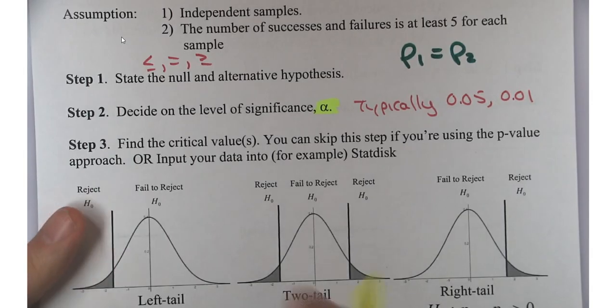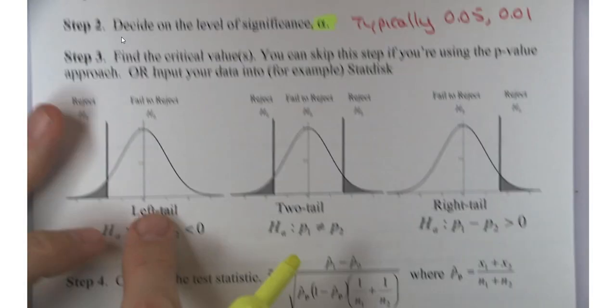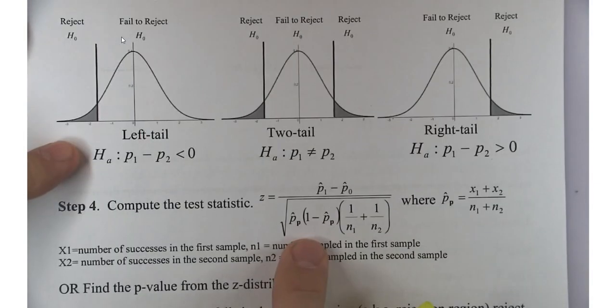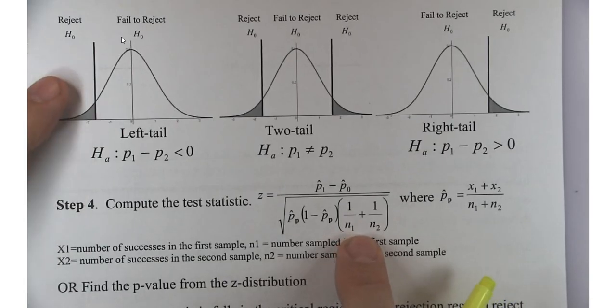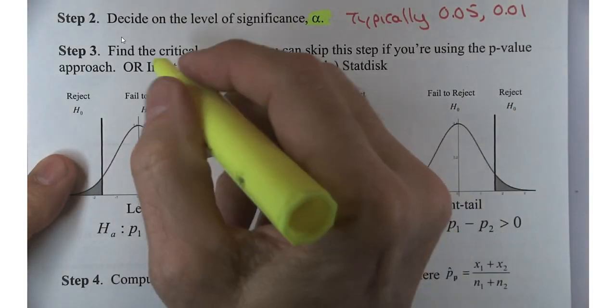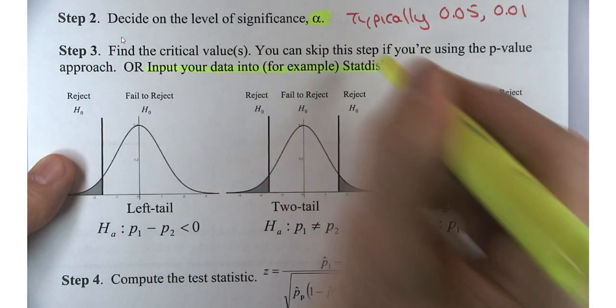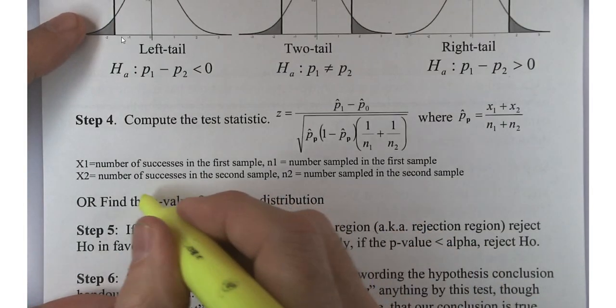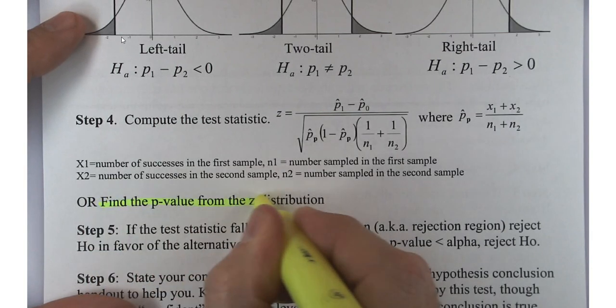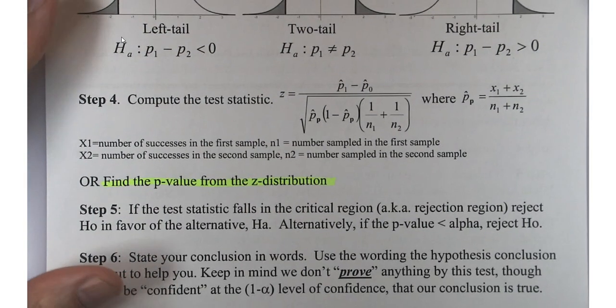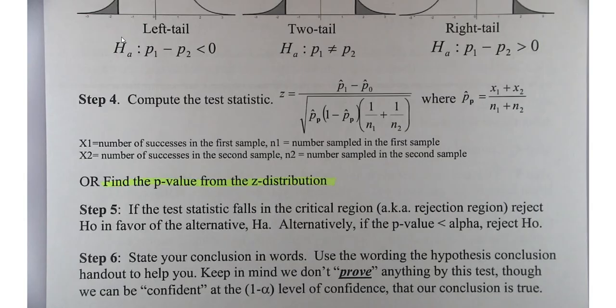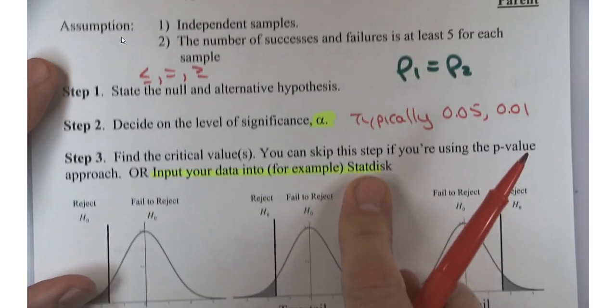So for us, our step 3, instead of finding these critical values and then calculating the test statistic, which becomes kind of tedious here, we're just going to input some summary values into StatDisk and then look for the p-value from StatDisk. So where you're going to have to go, I think you can tell me a little bit about where you have to go in StatDisk. What menu are you going to look at?